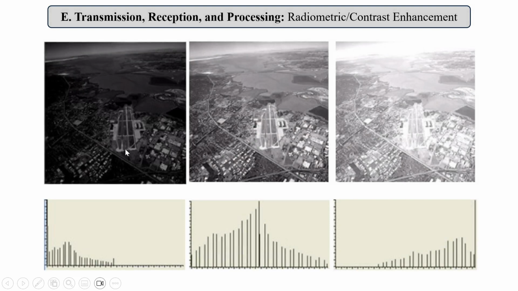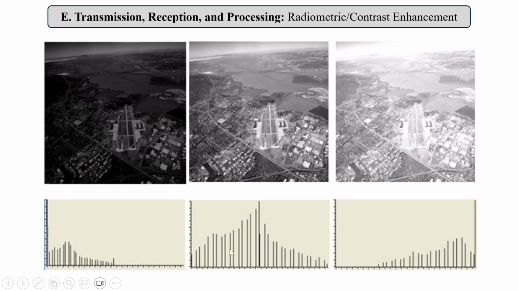If you see these three images, they are from the same area, but they have different contrasts. If you look at the histogram of these three images, in this one the DN values are low. That means it is closer to the darker side, because 0 is completely black and it is not going up to the completely white part, so it is appearing black or darker.